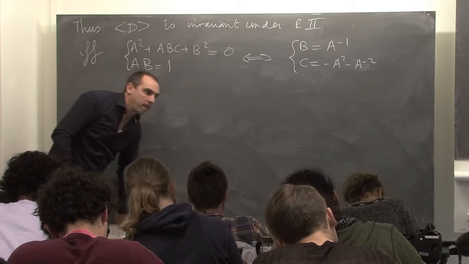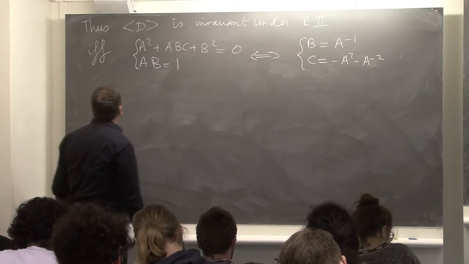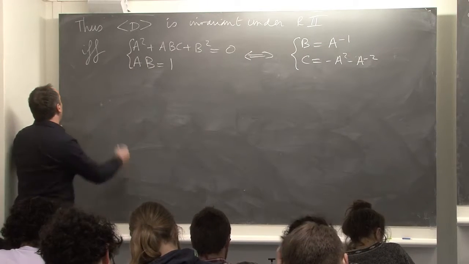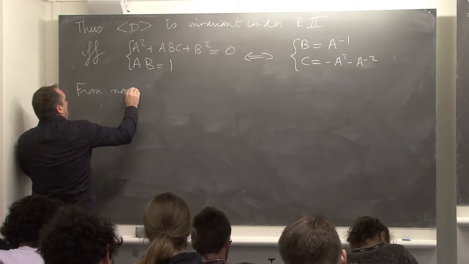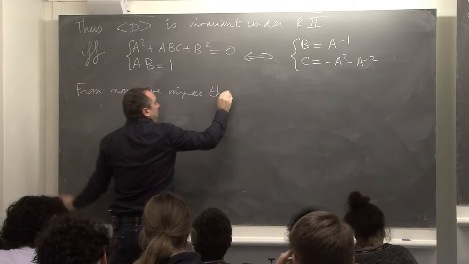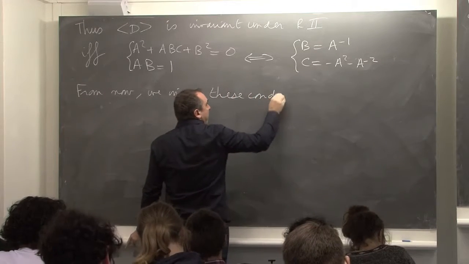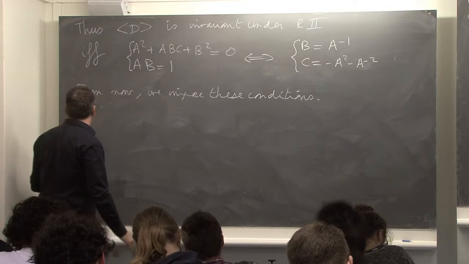Okay, so if you want to have an invariant, we need to impose this relation. So from now, we impose these conditions. Okay, so what does it mean?